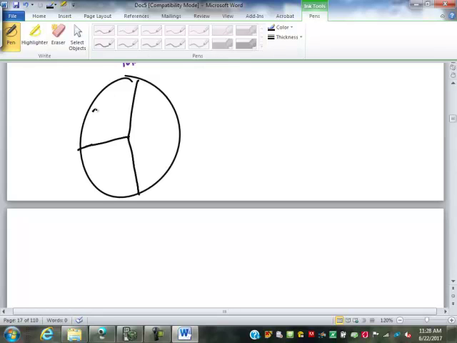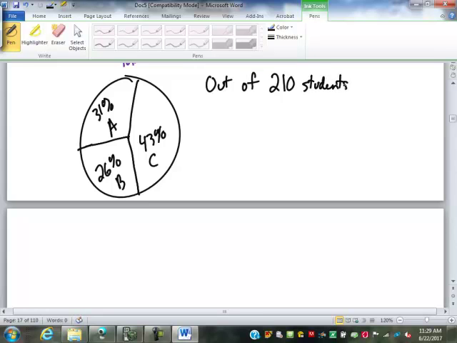Let's say this is 31% preferred choice A, 26% preferred choice B, 43% preferred choice C. Let's say out of 210 students, how many prefer choice B?